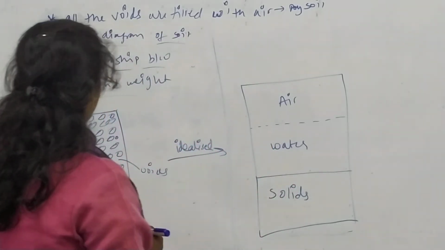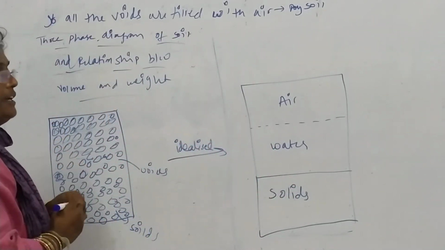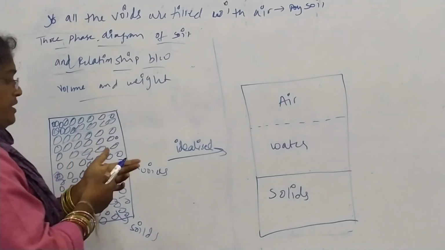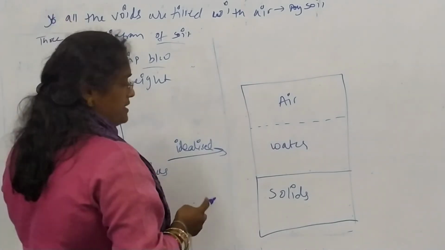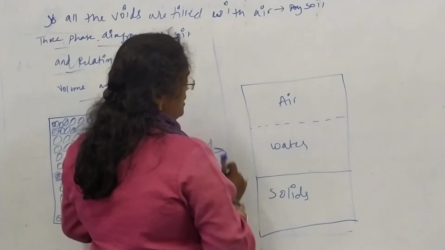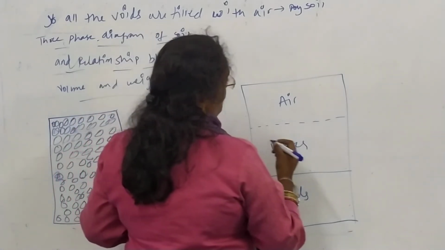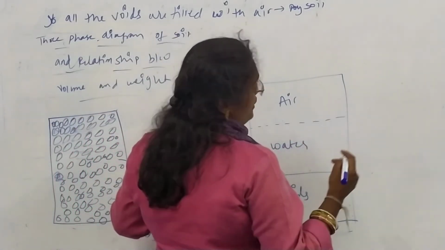Whatever the solid samples are there, here we are showing in the idealized soil. So here we see the volumetric relation, volume and weight relation.